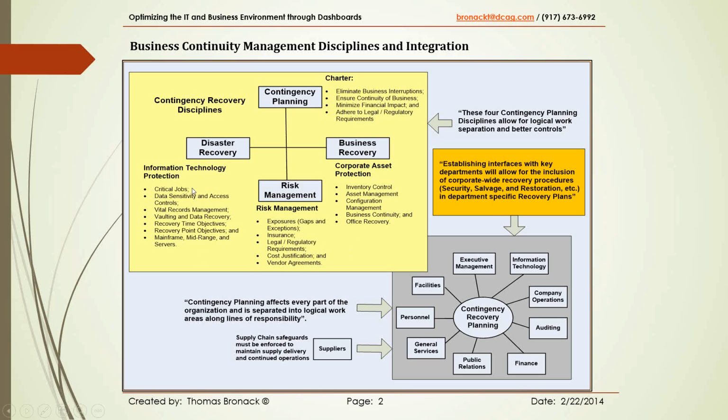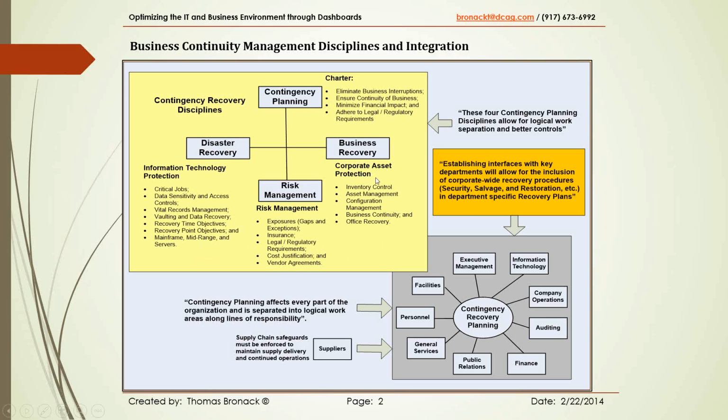Information technology is for critical jobs, the data sensitivity and the access to those jobs, the vital records management, the vaulting and data recovery prospects, the recovery time objectives and the recovery point objectives, and any kind of mainframe, mid-range, and server IT environment.